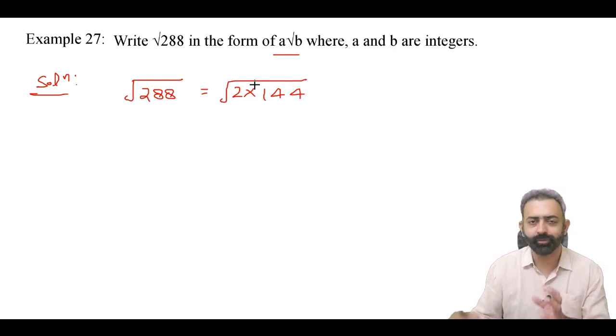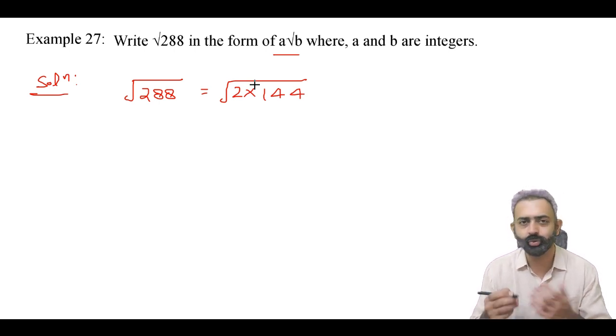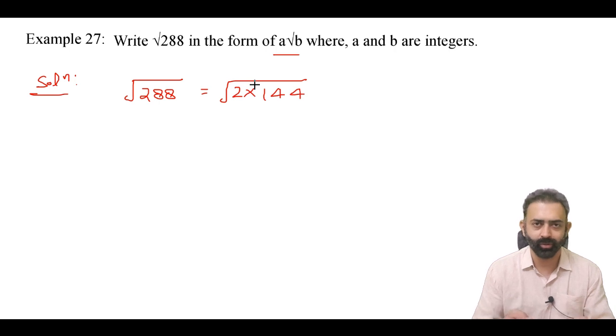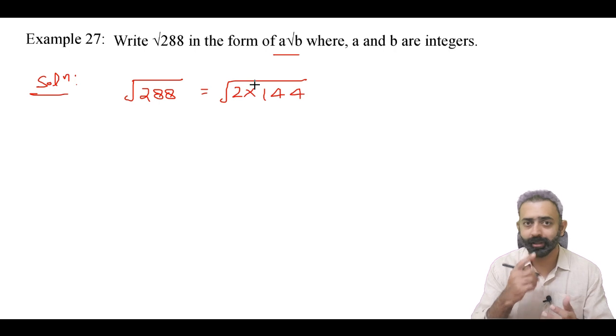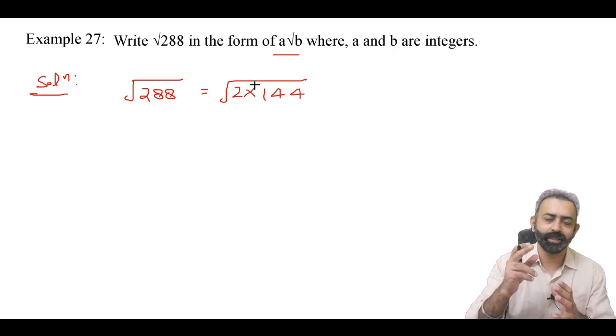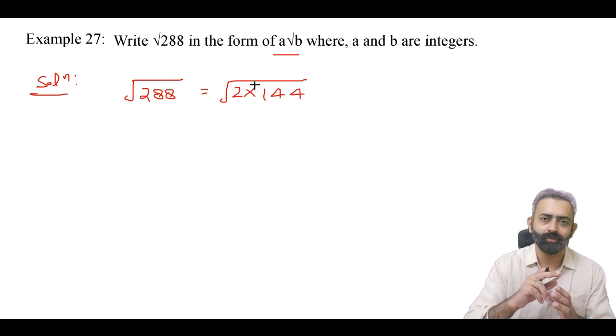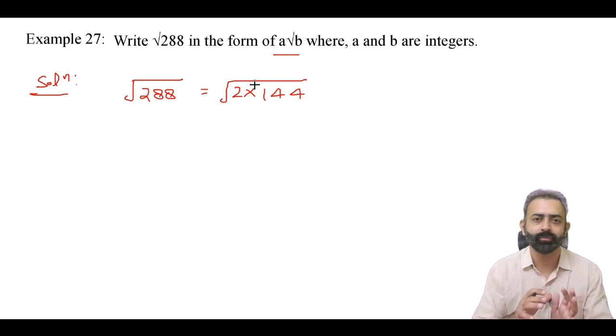Because I know that, for example, root 9 can be written as just 3. Root 4 is 2. Root 16 is 4. And so on. So you must be noticing here that the number which is inside the square root is raised to some even power, and that number with half of that power will come out.